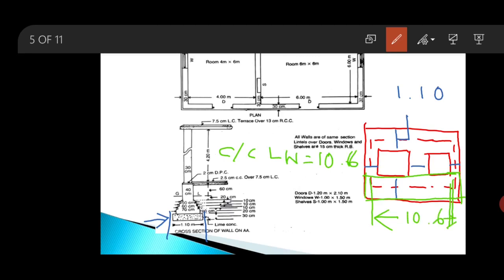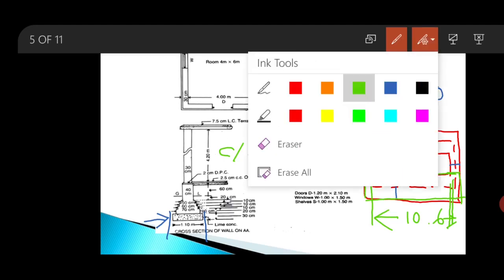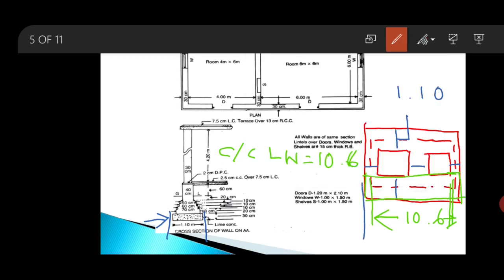This is the center to center length, but in order to find out the length of the cement concrete work, we have to find out the out to out dimension of the cement concrete work along long wall.